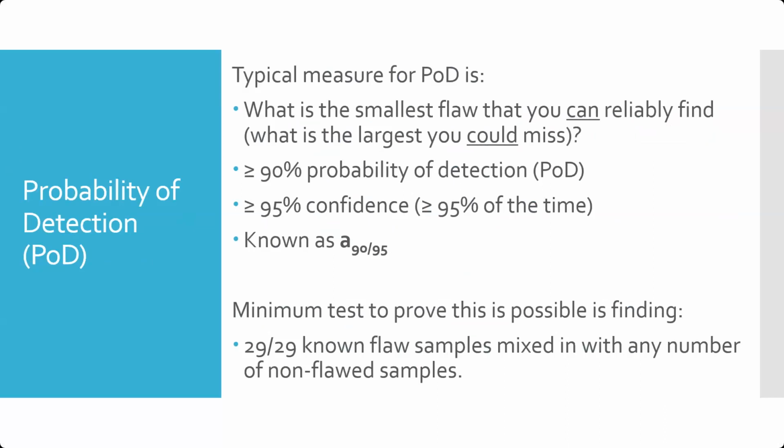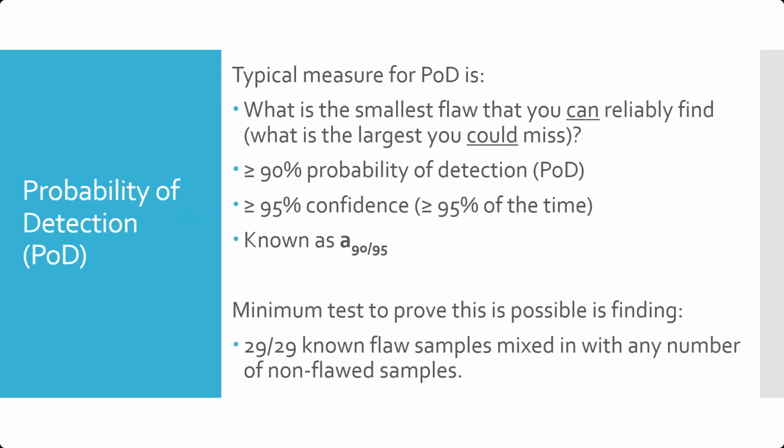That way, in that 10% chance, or that 5% lack of confidence, the crack or the flaw will not have grown to the point where it exceeds criticality by the time the next inspection interval comes around.